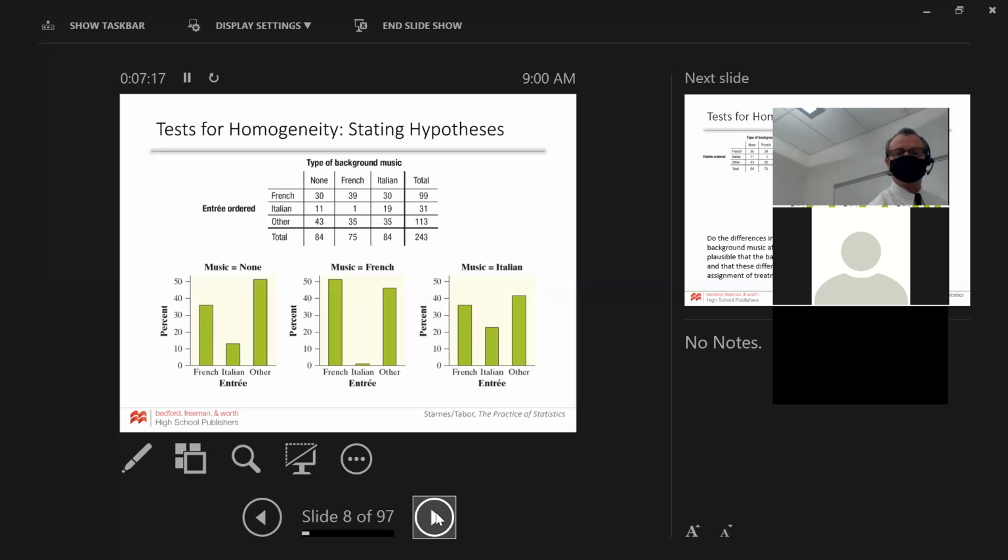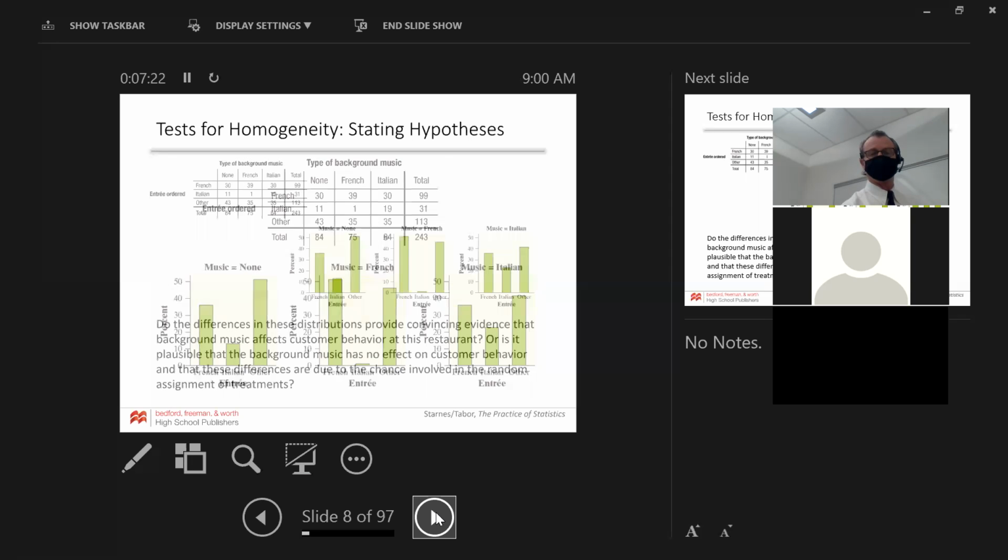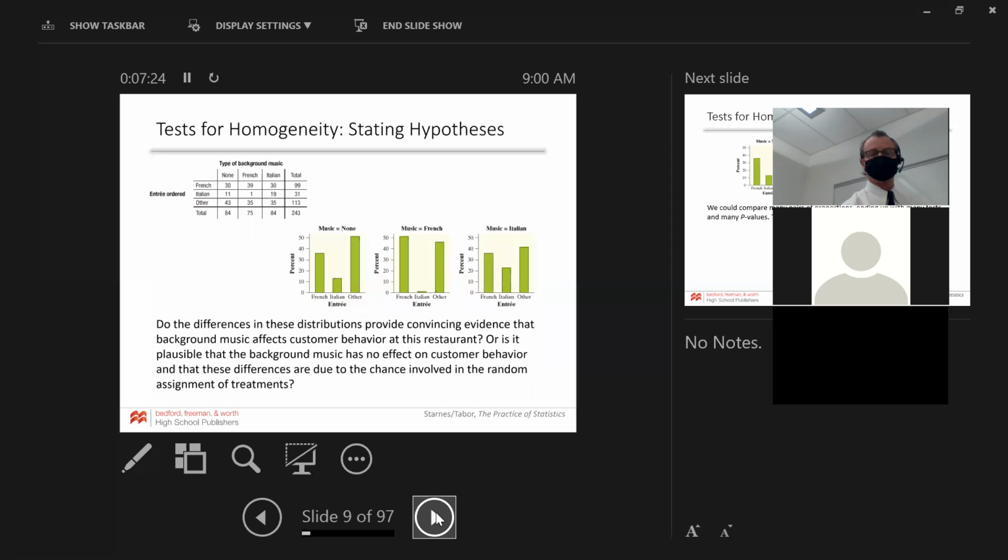No music, French music, Italian music. So what happened? Well, when you had no music, people chose other meals. When you had French music, French or other, they're pretty close. When you had Italian music, Italian was the third most popular meal order, but it was higher than for the other scenarios.